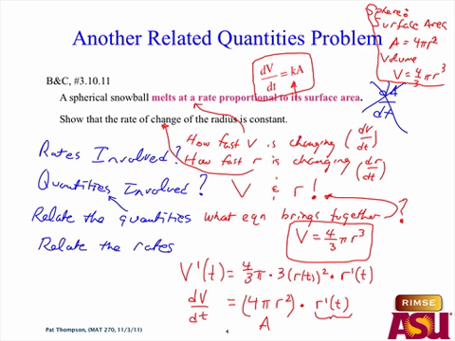This must be the k. Because we knew that dV/dt was the surface area times the constant. Well, now we just found that dV/dt was surface area times the rate of change of the radius. Therefore, that must be the constant of proportionality that we were talking about. So we just showed that if this is true, then the rate of change of radius with respect to time must be constant.